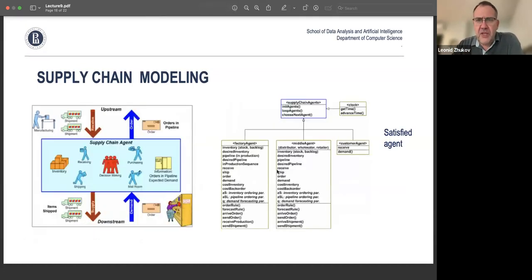So here's yet another picture for the supply chain modeling, where orders go from downstream to upstream, and upstream means toward manufacturing, and downstream means toward the retailer.